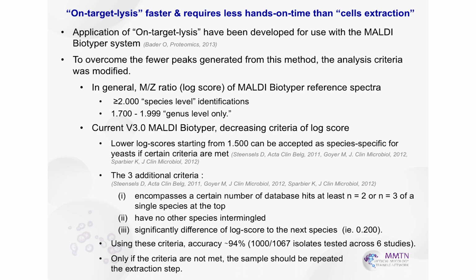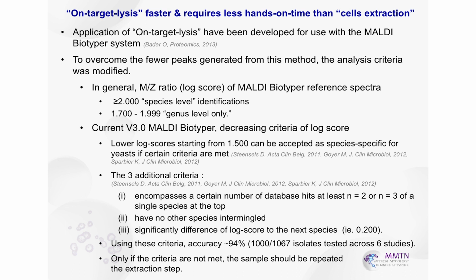With this log score. But if there are no other species intermingled, and the significant difference of log score to the next species is less, then forget the last one and use only the top 2.